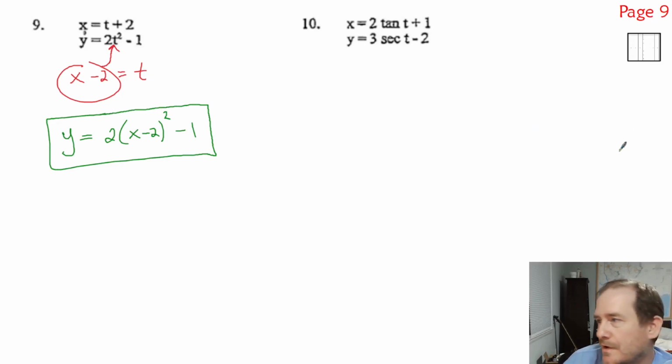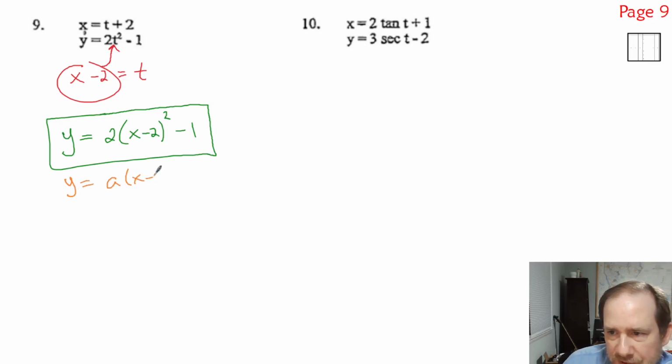Very valid. All right. Now I could express this in a couple of ways. It's already in a form called vertex form, and this is y equals a(x minus h) squared plus k. So that form has already given us what we need. I could also kick the 1 back over to the other side and do y plus 1 equals 2(x minus 2) squared.